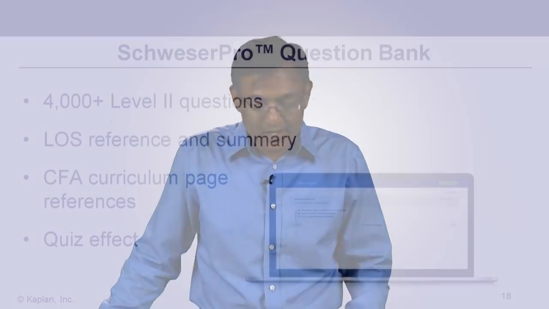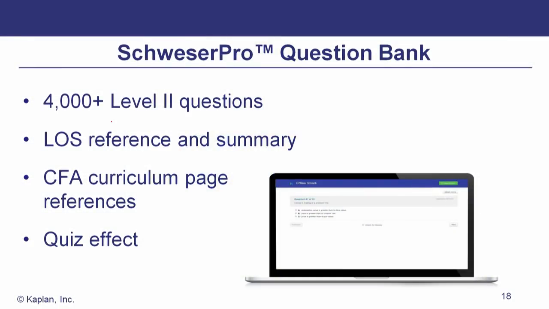At the end of each book, there is a list of formulas that are covered within that book. We also have the quick sheet, which has a list of formulas as well. Now, the Schweser Pro Q Bank, this is an online Q Bank, and this really focuses on the quiz effect.